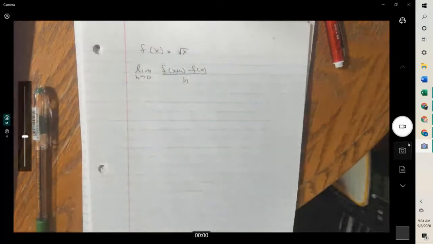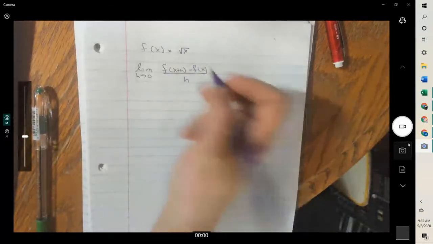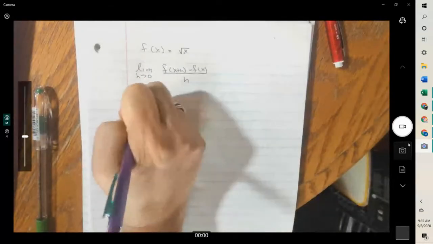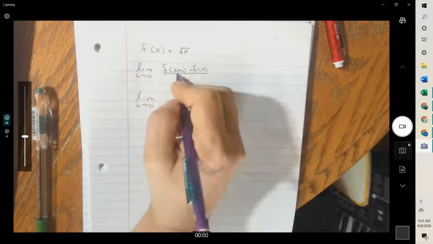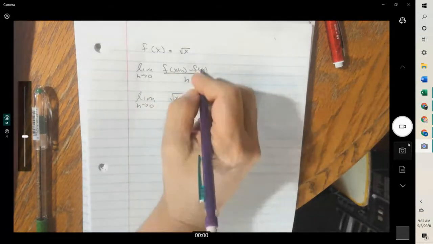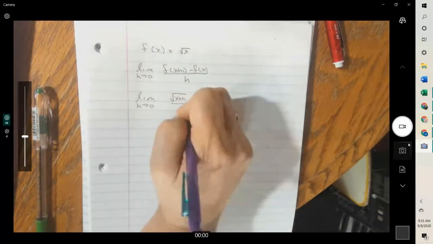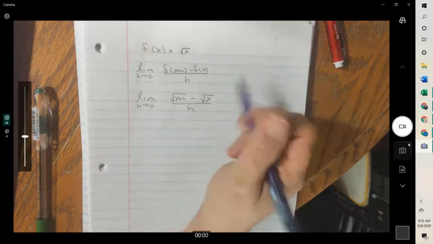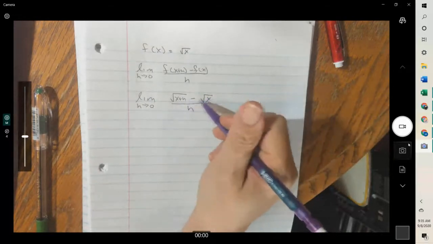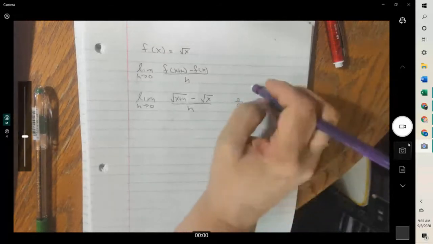I wanted to put more than one term in the bottom. Okay, so plug it in. First, I would do this one all at once also because you really can't simplify until it's all together. So f of x plus h is just the square root of x plus h minus the original function all over h. Again, if you plug in 0, you're going to get 0 over 0. So you need to simplify.